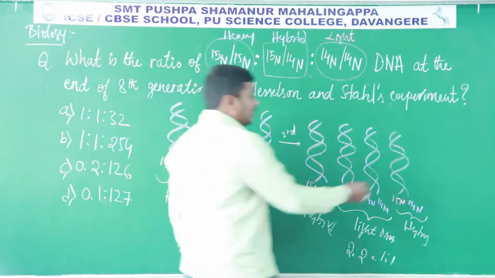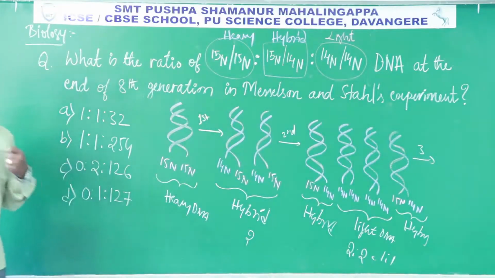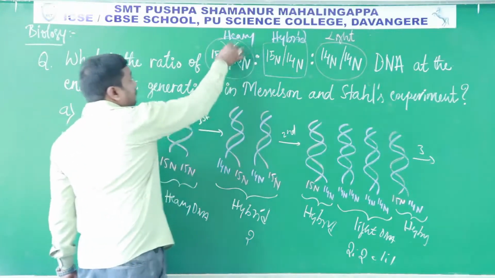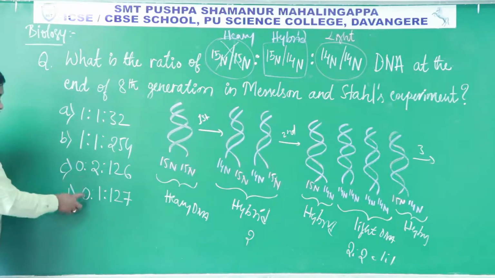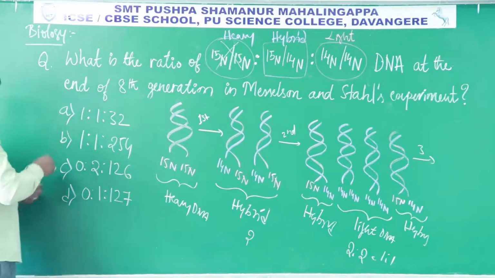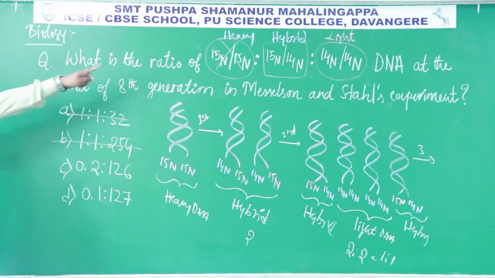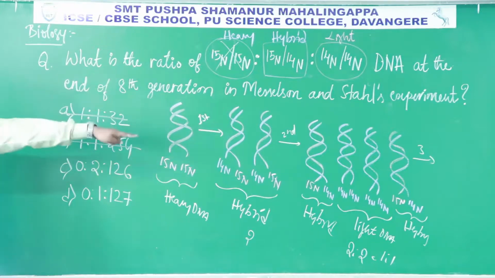So it can be continued to the 3rd, 4th, 5th and 6th generation onwards. In every successive generation, the heavy DNA will be 0. So you can eliminate this option, because heavy 15N and 15N DNA is always 0 in successive generations.